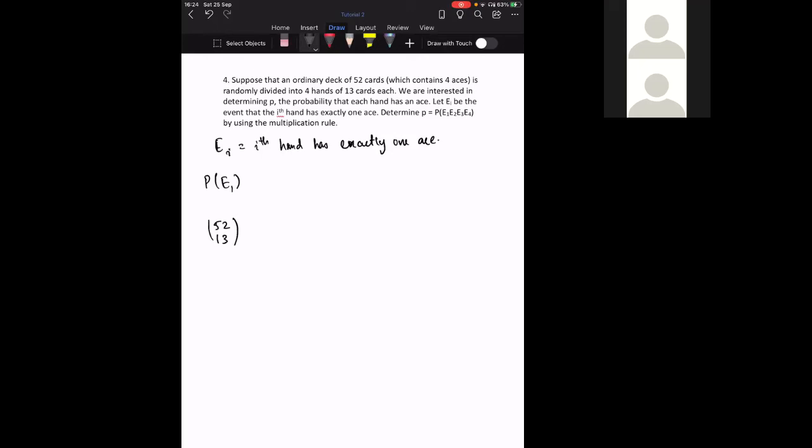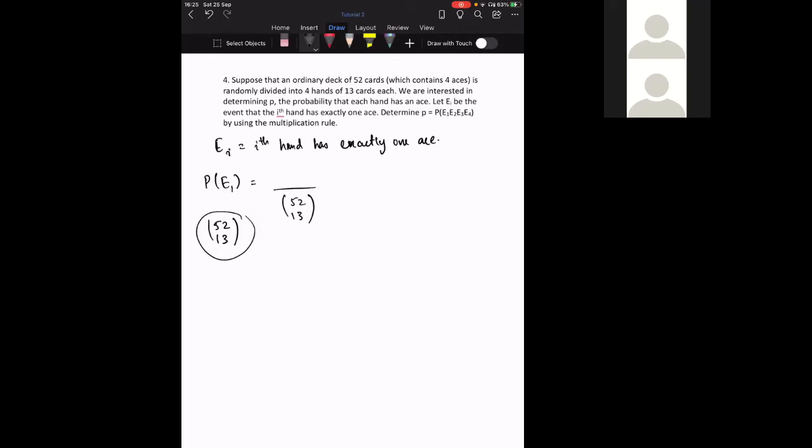And this is all the combinations that we can have. So this would be in our denominator. Because this is all the types of hands we can have of 13 cards each.